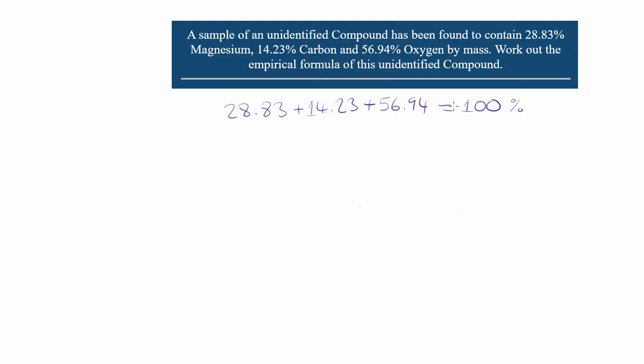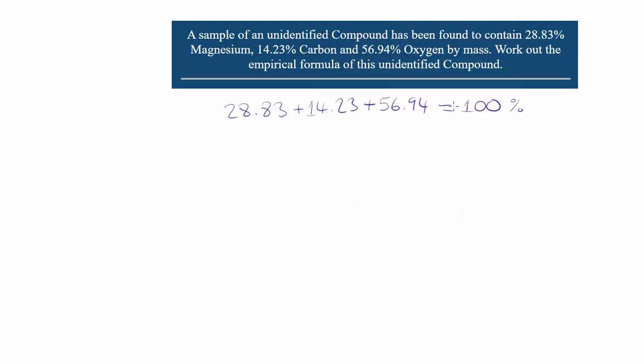From this point forwards, I'm going to make an assumption that will help me work out the empirical formula. I'm going to assume I've got a sample of this compound with a total mass of 100 grams. By making that assumption, I can convert these percentages by mass into actual masses.